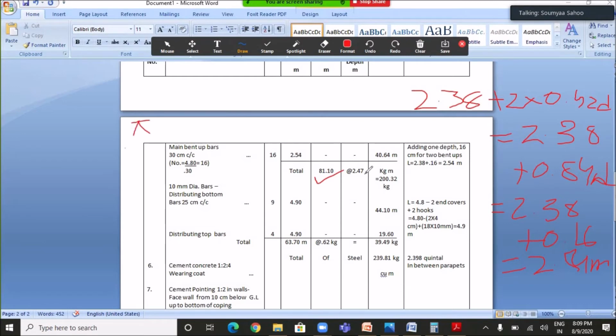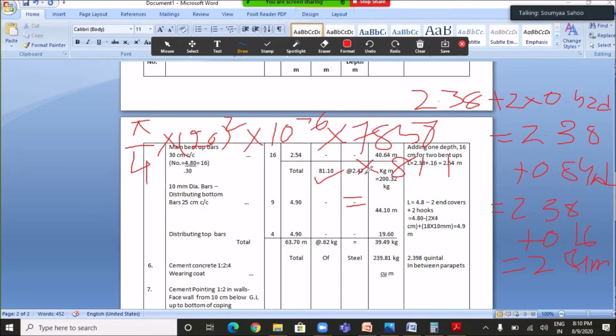First I'm going to write the area of the bar: pi by 4 into d square, where d is 20 mm. Since the unit is in millimeter, I'm going to convert it into meter, multiplied with unit weight of steel 7850 kg per meter cube, multiplied with total length, that is 81.1 meter. So we will get this value as 200.32 kgs.